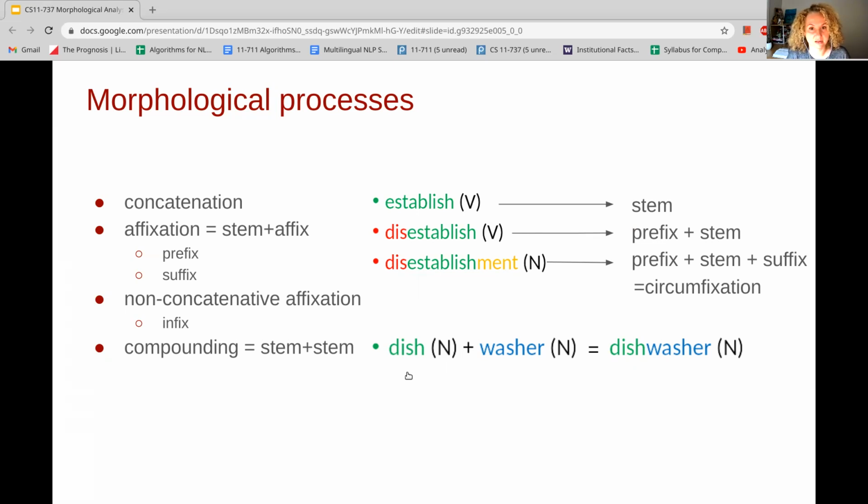So you can see that there are several types of morphological processes, more than two. And these morphological processes can change the meaning of the word, like for example with compounding, or with the modification of establish into disestablish, or they can change the grammatical function. For example, cats is a plural form of the word cat, but the meaning has not changed.